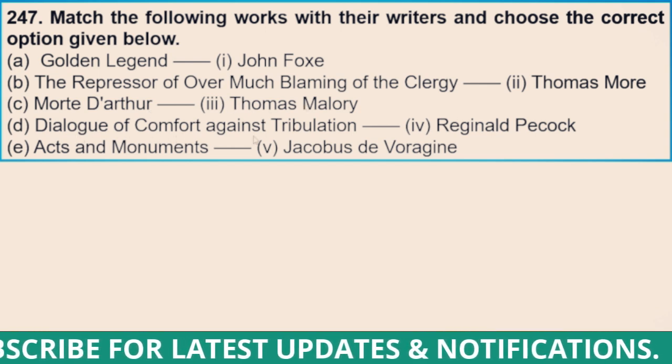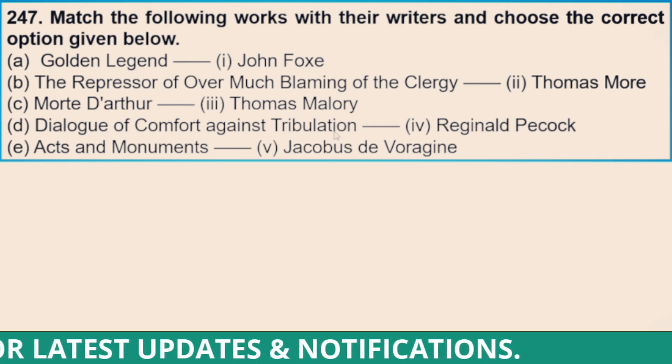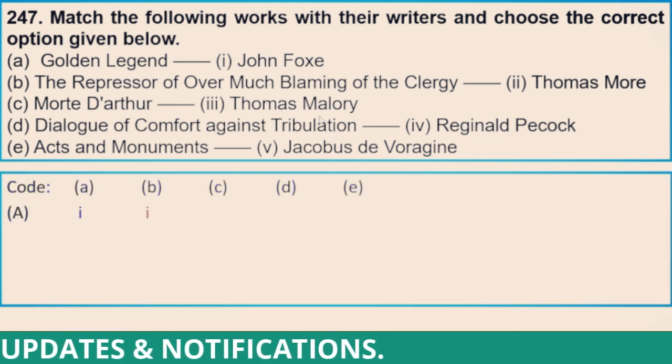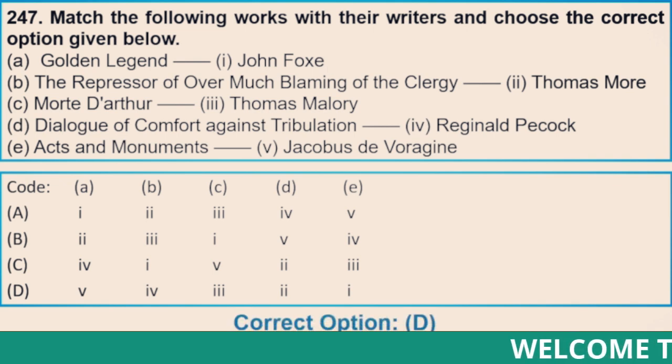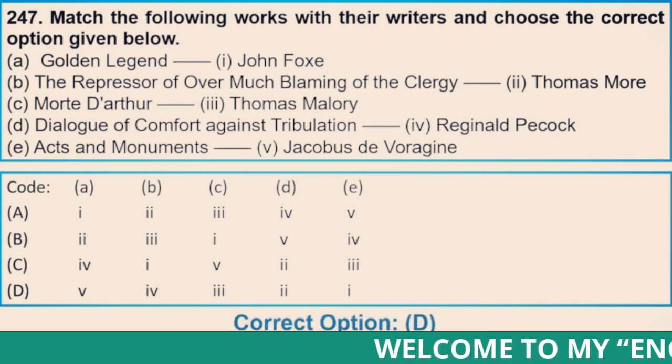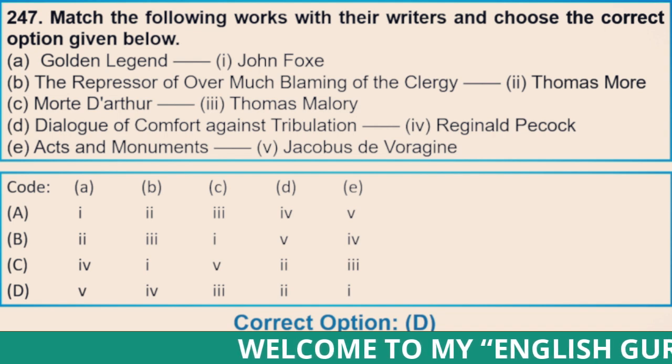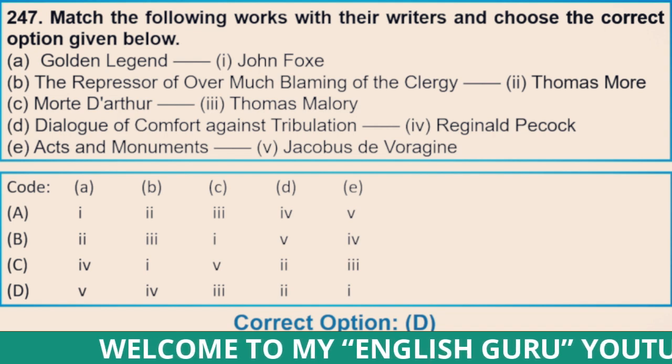Dialogue of Comfort Against Tribulation is written by Thomas More. And Acts and Monuments is written by John Foxe. So your correct option will be D, A fifth, B fourth, C third, D second, and E first.